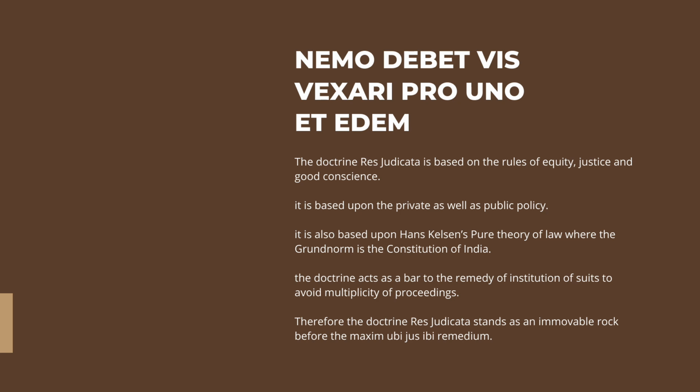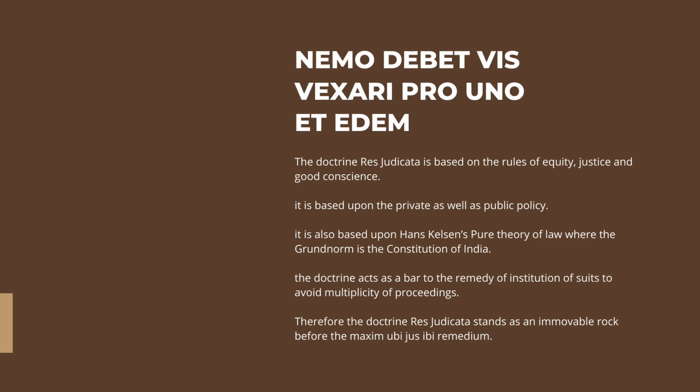Let's take an example. A files a suit against B on a particular matter in issue under the title of ownership and tenancy. Now, A derives the right to file the suit under Section 9 of the Code of Civil Procedure 1908. Now, B files another suit against A on the same matter in issue under the same title. Meanwhile, the former case gets decided.